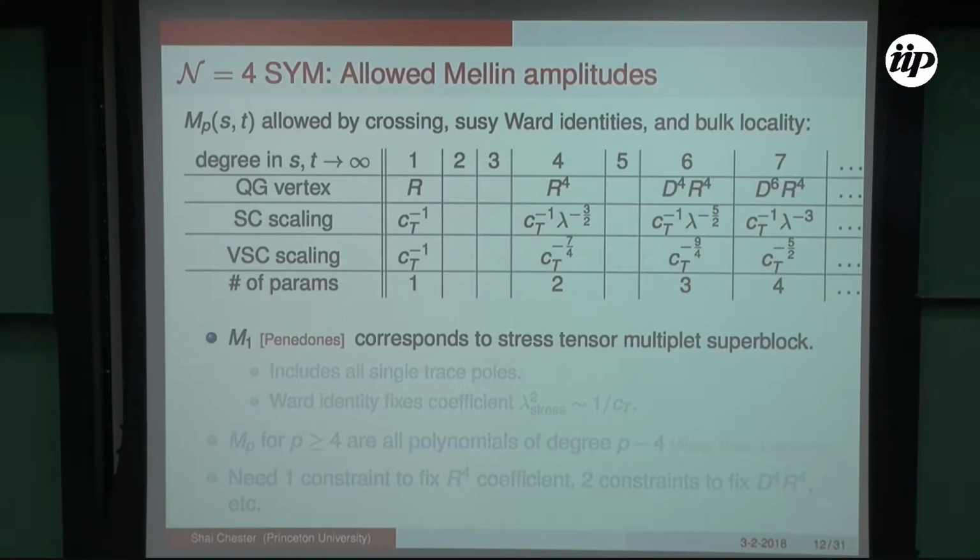And so the allowed Mellin amplitudes of degree p are given by this table. On the first row, we write the quantum gravity vertex it's going to be related to in 10 dimensions. On the second row, we say how each coefficient in the CFT would scale in the strong coupling limit. As you see, higher derivative corrections get higher and higher powers of inverse lambda, whereas it's always the same power of 1 over c, because it's all tree level.